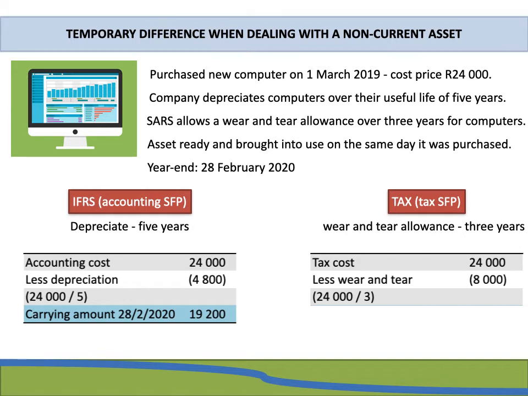This means that at year end, the tax base of this computer will be 16,000 Rand. And this 16,000 Rand will also be the amount that is deductible in future. Because that 8,000 Rand that we've deducted, that's already been claimed. That's no longer deductible. It's only the amounts that have not been deducted yet that will be deductible in future. So at year end, the amount that you can still deduct in future on this computer will be 16,000 Rand.